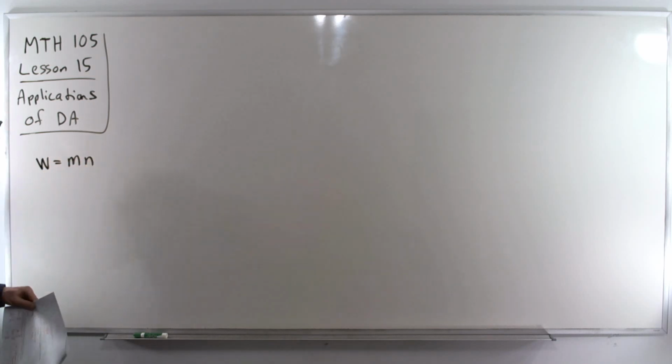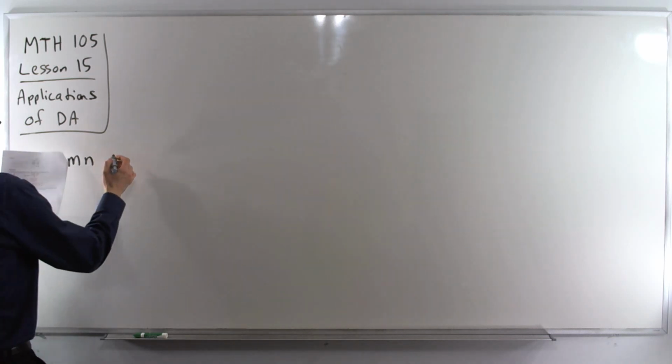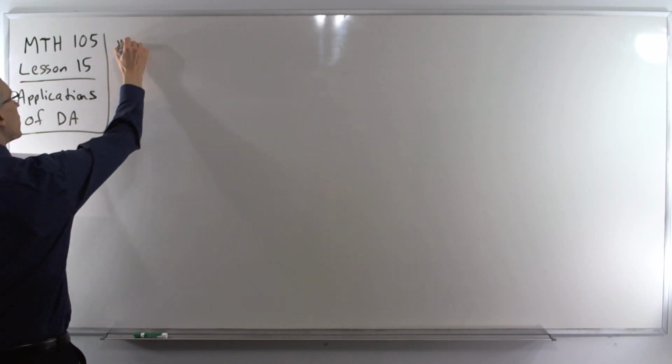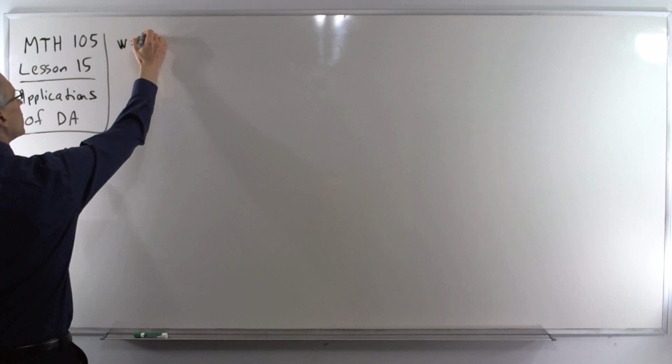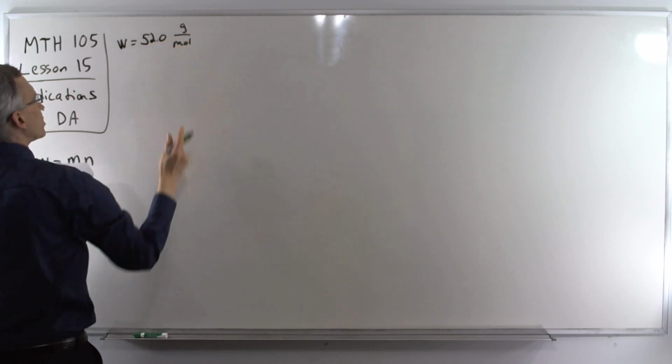All right, W equals Mn. All right, we got for W, is 52.0. I'm going to use some abbreviations now.